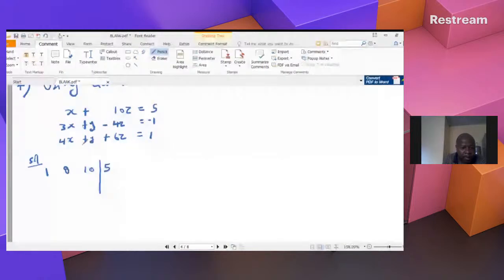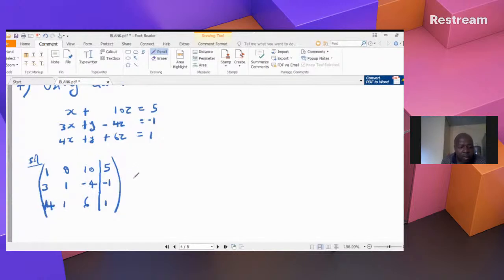And this one is 3, 1, negative 4, negative 1. And this other one is 4, 1, 6, and then 1. We have the augmented matrix.